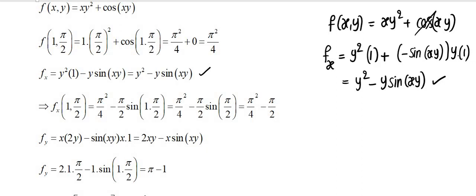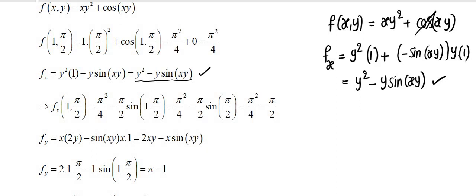Now find out the value of fx at (1, pi by 2). Substitute x equal to 1, y equal to pi by 2 in this expression. So y square means pi by 2 whole square, that is pi square by 4, minus y, which is pi by 2, sine of x y, where x is 1 and y is pi by 2.